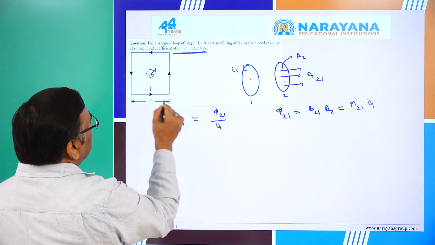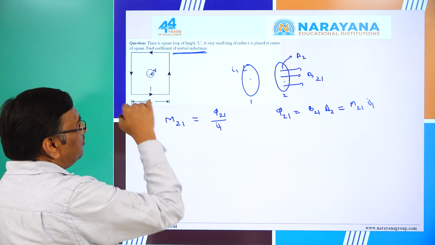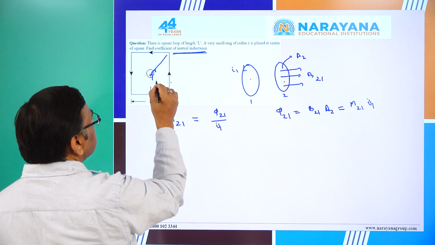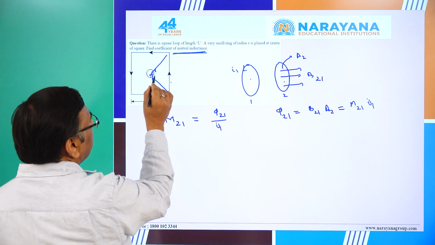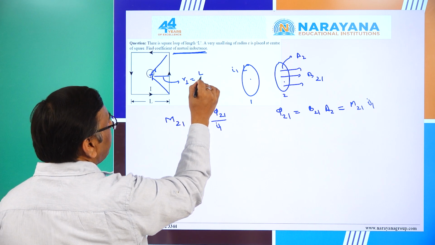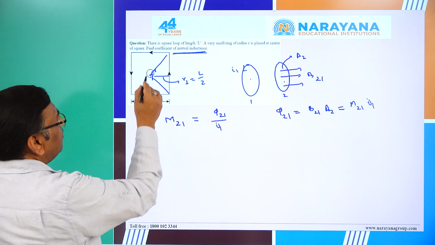There is a current carrying conductor of length L. Again, you know how to find the magnetic field, right? In the beginning we said, if there is a current carrying conductor, then how do we find the magnetic field at this point? We know the perpendicular distance is L by 2. What is my magnetic field at the center?